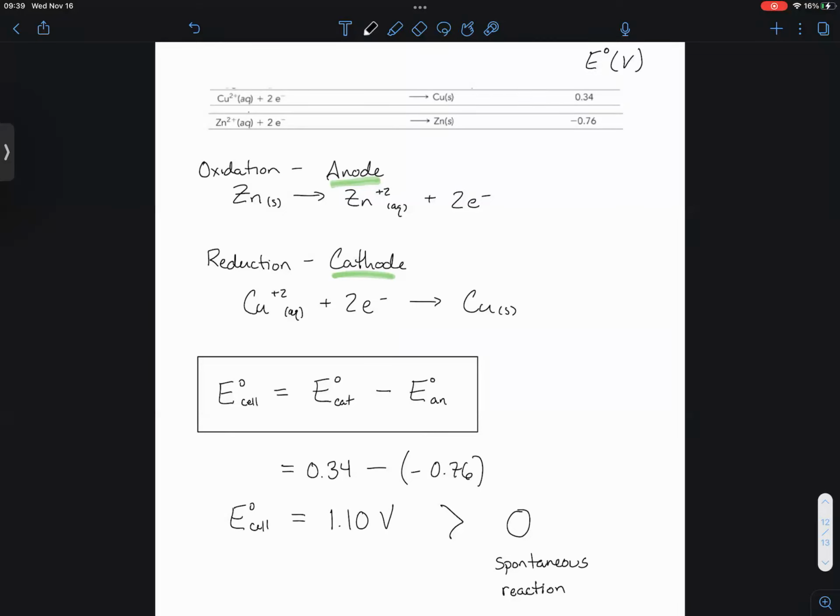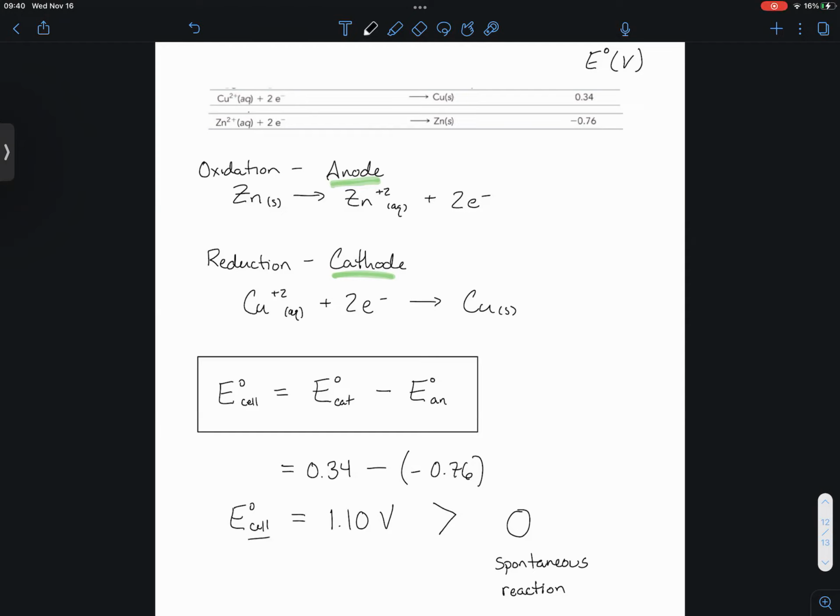So the fact that we got this positive value for our standard EMF indicates that the battery will work as we expect it to, meaning that everything will flow from the anode to the cathode. If we got a negative standard EMF, a negative E naught of our cell, that would indicate that our battery is going to work in the reverse direction than what we expected it to. Okay, so we're looking for positive potentials here.